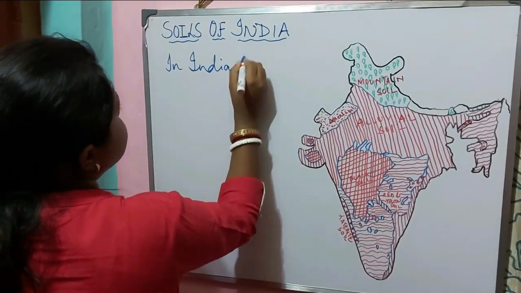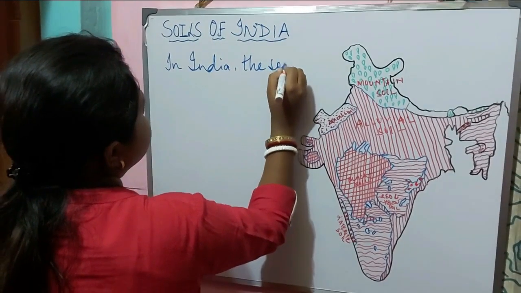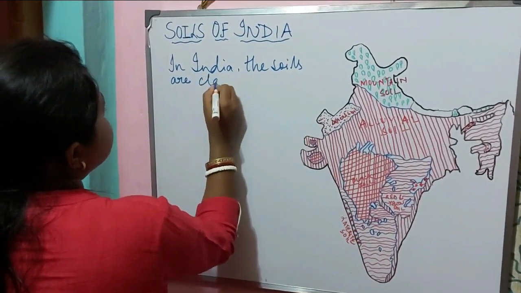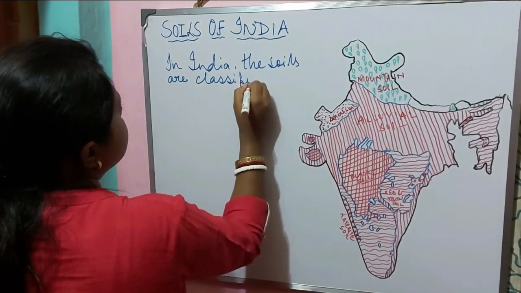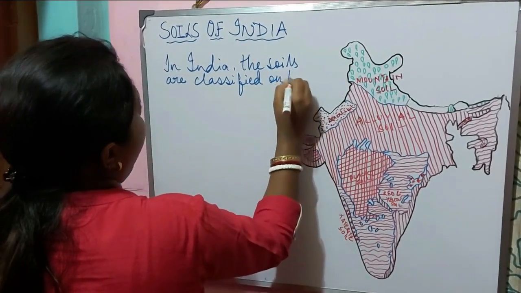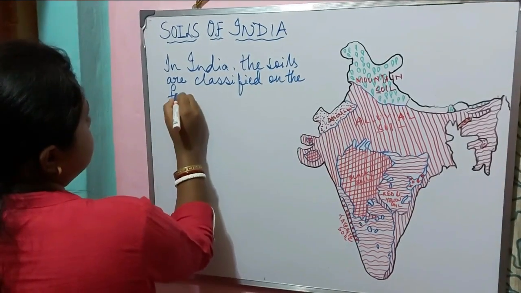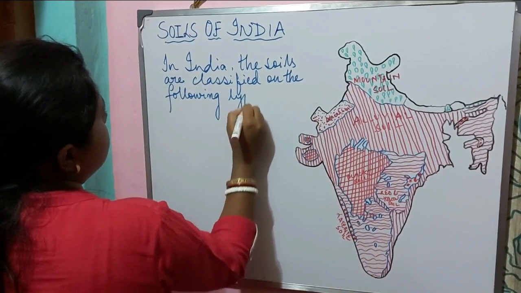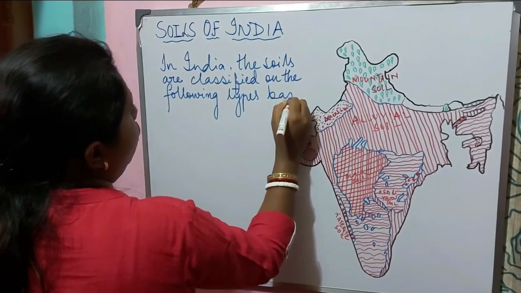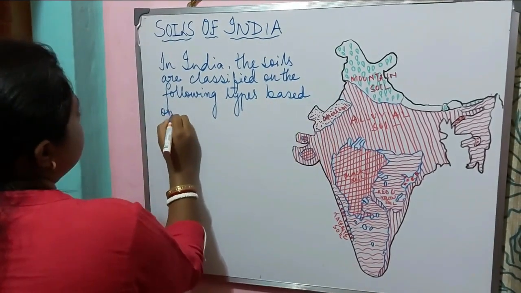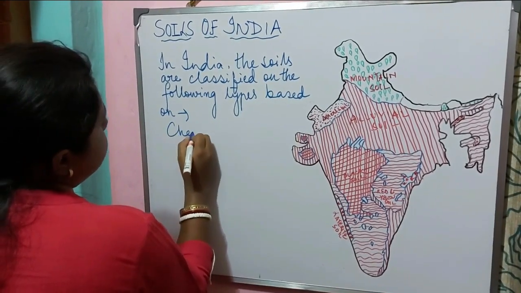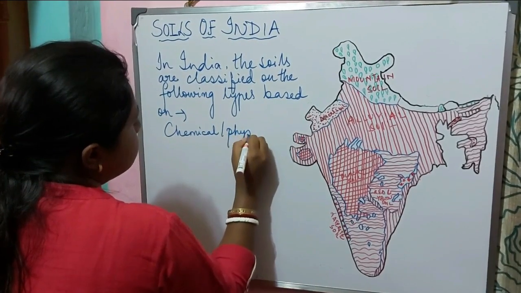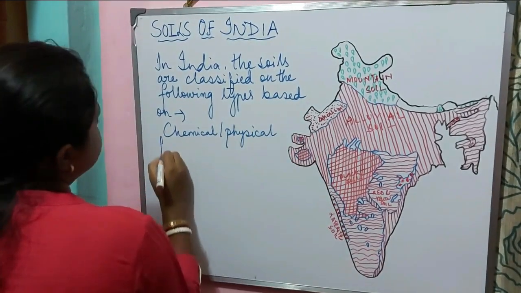the soils are classified on the following types. Based on chemical, physical features.